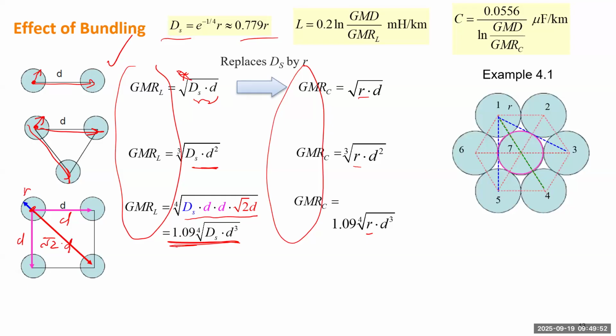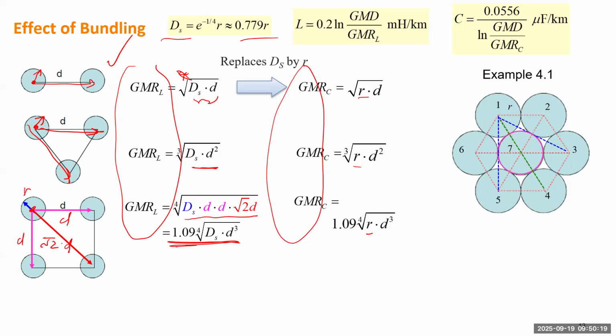In the textbook, there's one example to calculate the GMR for this transmission line. These are not bundled because they connect closely to each other. Each circle indicates the cross-sectional area of one strand, so this is like a stranding of the line. How do we calculate the GMR for this case?